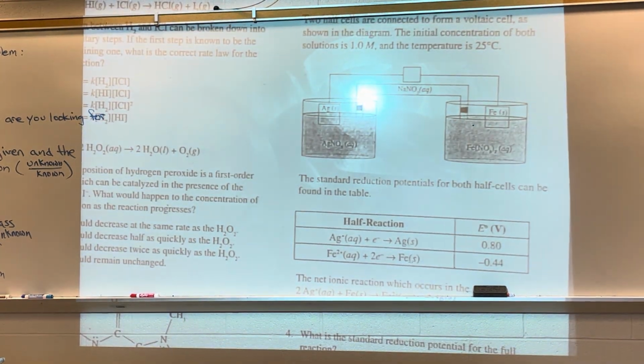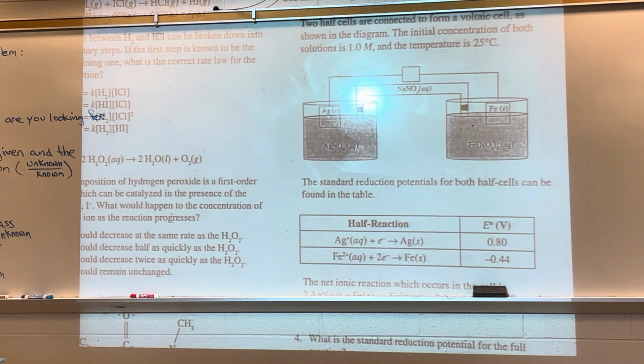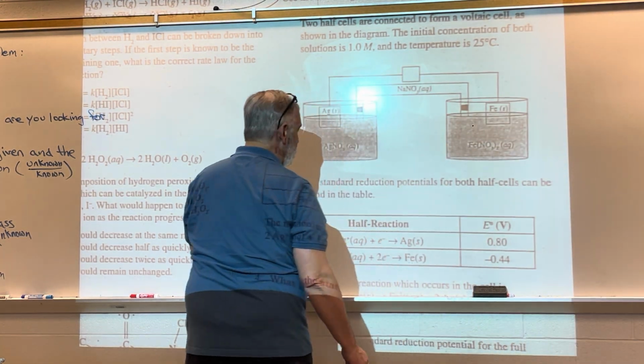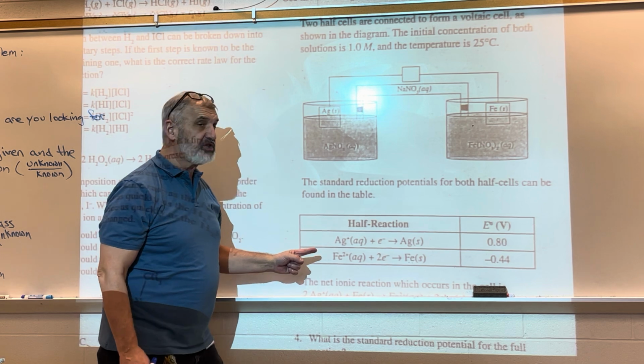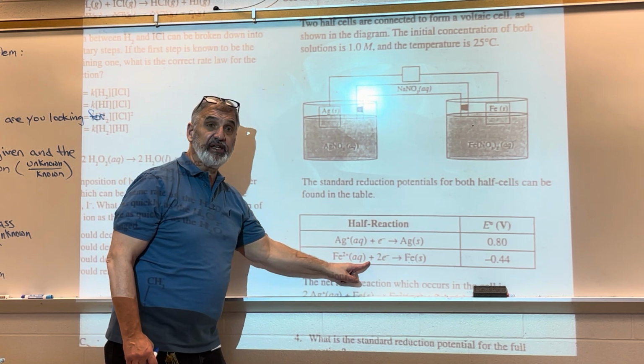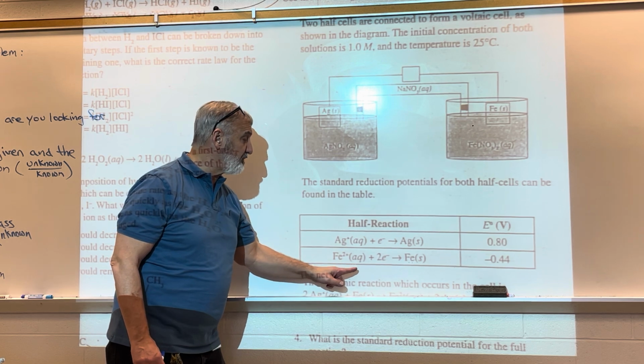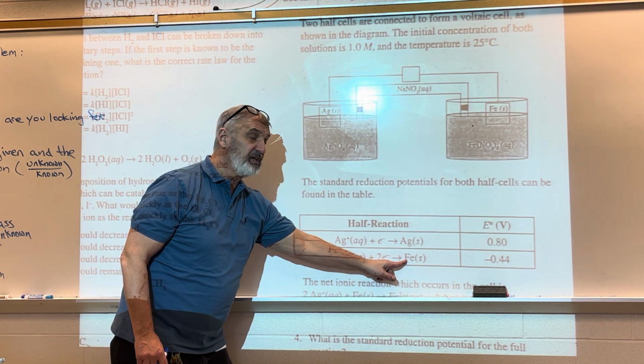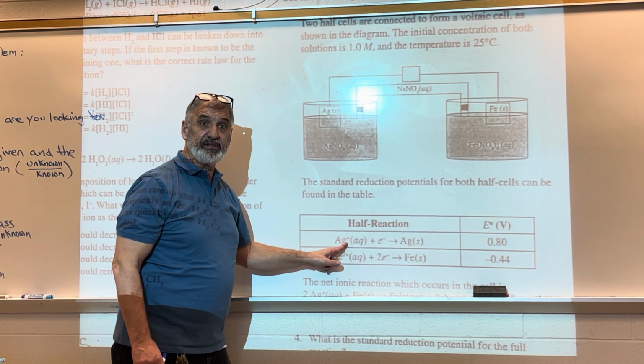Let's determine, without even looking at my answers, what way the electrons and the ions are going to flow. They're going to go from what to what? The thing that's being oxidized is what's losing the electrons, so they're flowing from the thing losing the electrons to the thing gaining electrons.